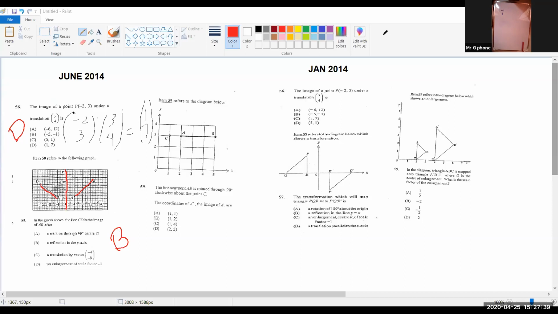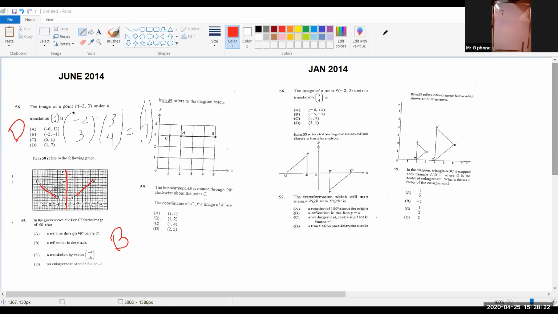So if it rotates 90 degrees clockwise, that means it's coming down this way. The coordinates of A1, the image of A, it has to be B. So it's negative. Yeah, it's B.